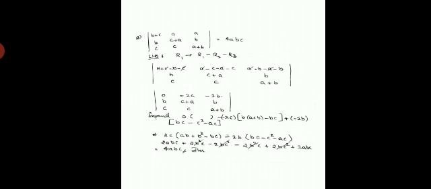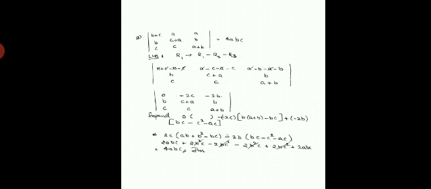Next sum. Prove that the determinant b plus c, a in the first row, b, c plus a, b in the second row, c, a plus b in the third row should be equal to 4 times a into b into c.